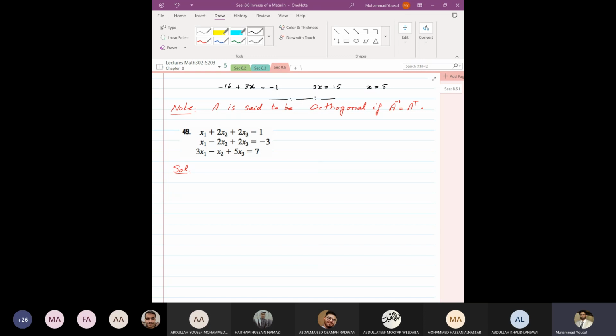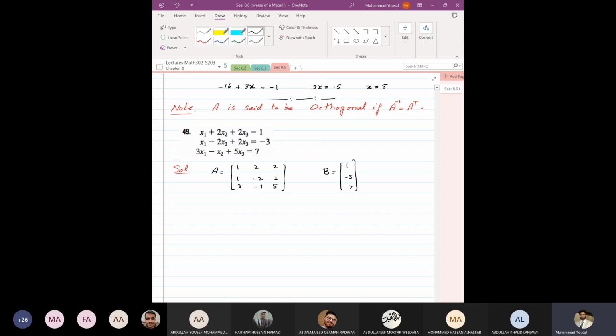That is good. Now here we can write this system as AX equal to B, where the matrix of the coefficients of this linear system is A: 1, 2, 2; 1, -2, 2; 3, -1, and 5. And the right hand side vector is 1, -3, and 7.